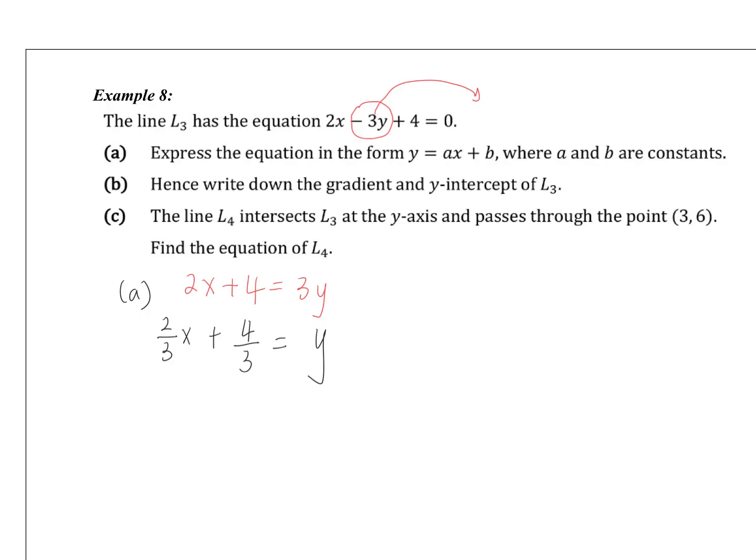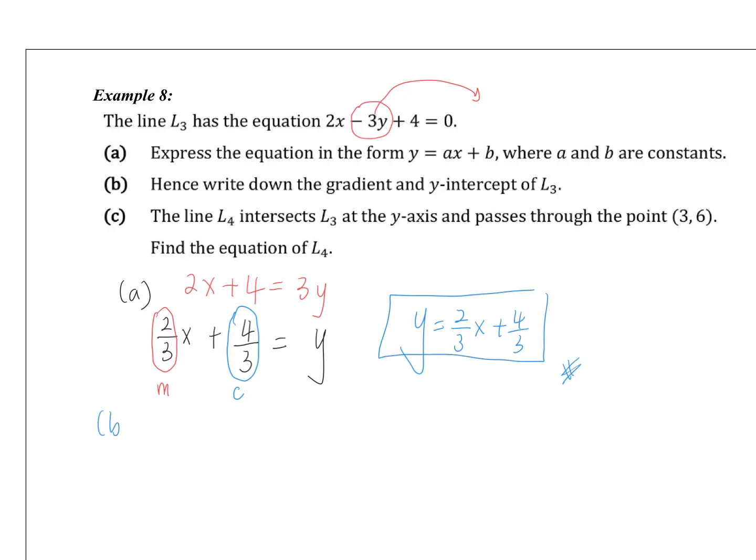Okay, so can you see that your gradient now is 2/3 and your y-intercept is 4/3. So your equation is y equals 2/3 x plus 4/3. So this is the answer they want.